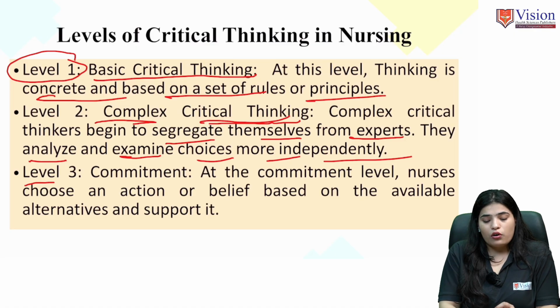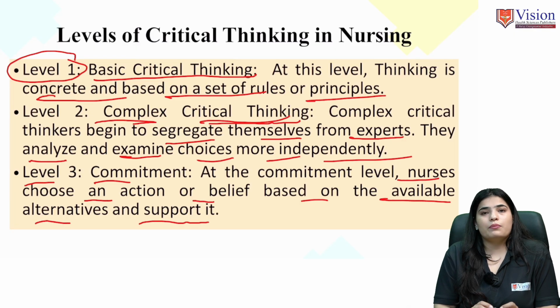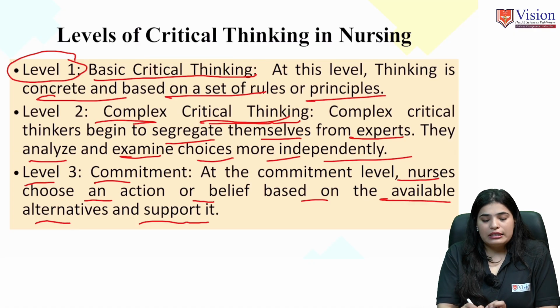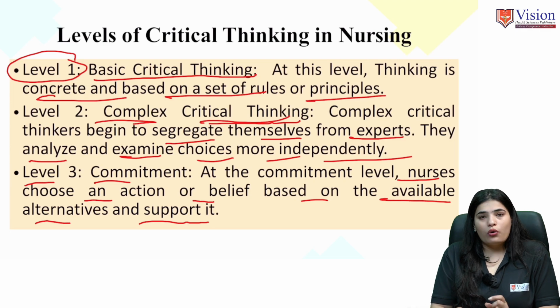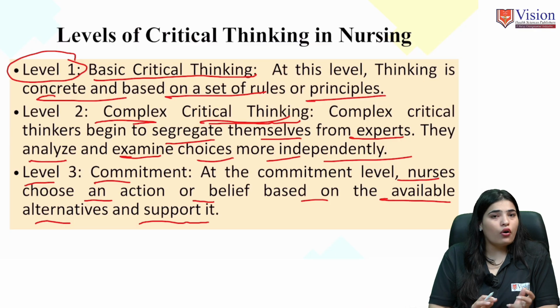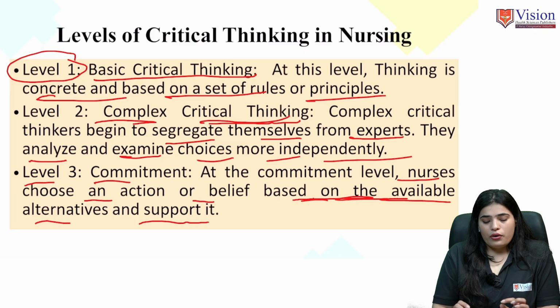And the last level is commitment. At the commitment level, nurses choose an action or belief based on the available alternatives and support it. So after doing these kinds of critical thinking, there comes the commitment. Okay, you have done all the interpretations of data, you have checked all the data, all the evidence, and on the basis of that you have chosen an action and you believe that it is the best alternative and you support it.